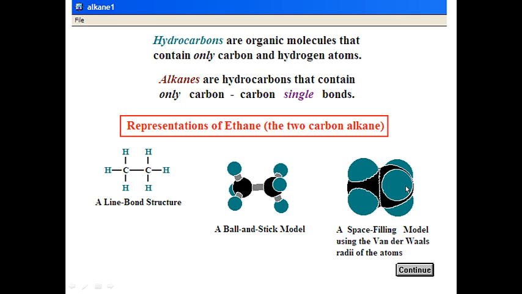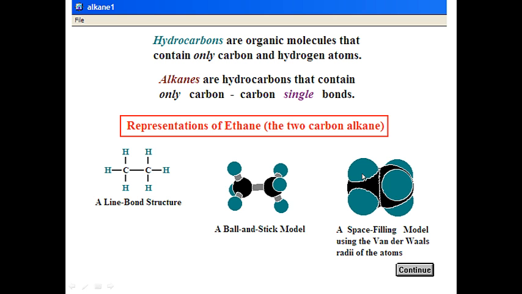So these are what the shapes of the molecules would look like. Not balls and sticks, but actual spheres that are kind of smushed together. So these spheres represent the clouds of electron densities around the nucleus. An ethane molecule, which is CH3CH3, would look like this, except in real life the atoms aren't color-coded.